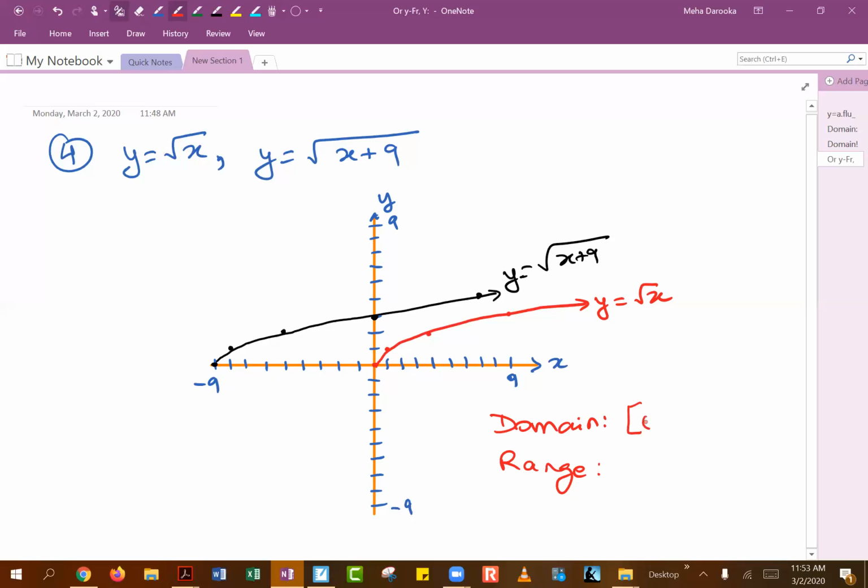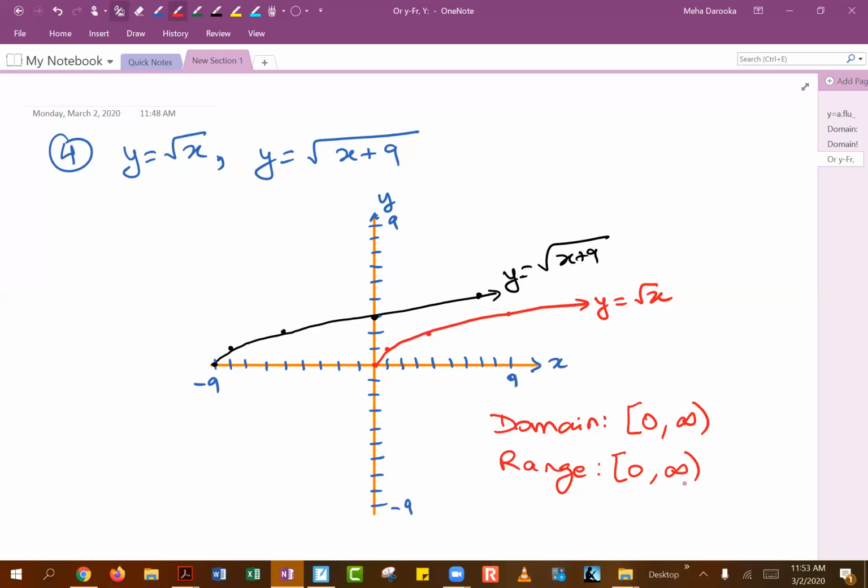So you are starting at 0, going to infinity. Very good. What about the range, the y value? Same thing, very nice. Starting at 0 and going to infinity because again, there is no graph on the negative y-axis side of our function.